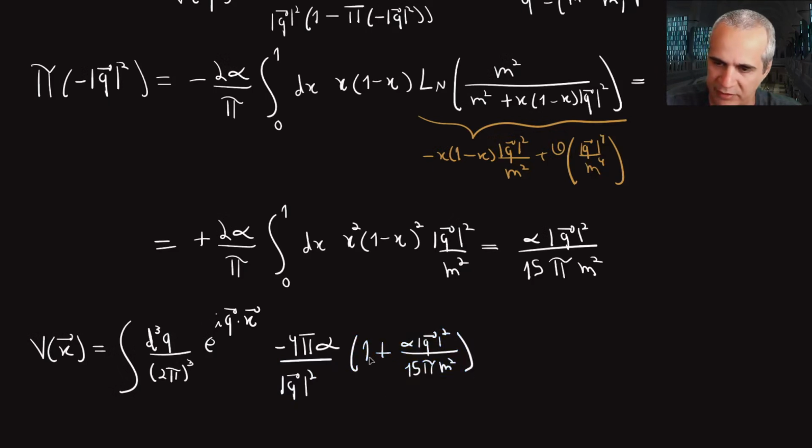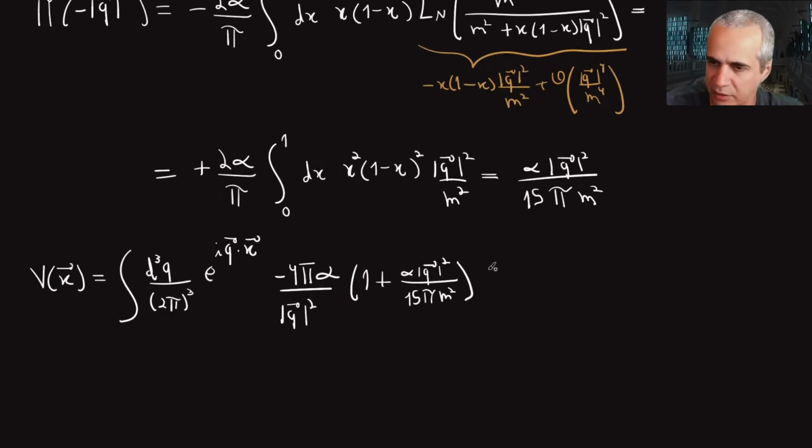So you might recognize this 1 here is just 1 over q square, you see, which is the Coulomb potential, right? If I do the Fourier transform, I'll get another 4 pi. So let me bring this minus 4 pi alpha up front. And then the integral is just the Fourier transform of 1 over q square, which gives me 1 over 4 pi x, right?